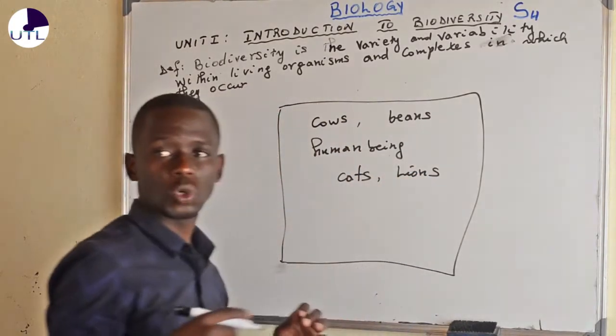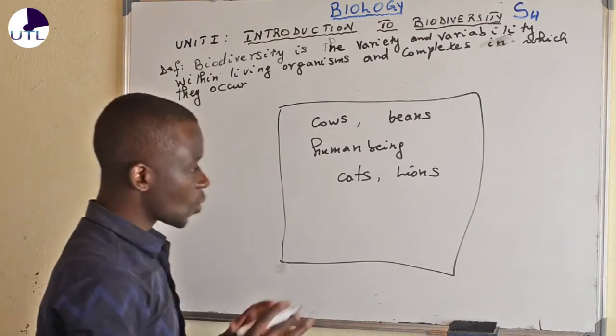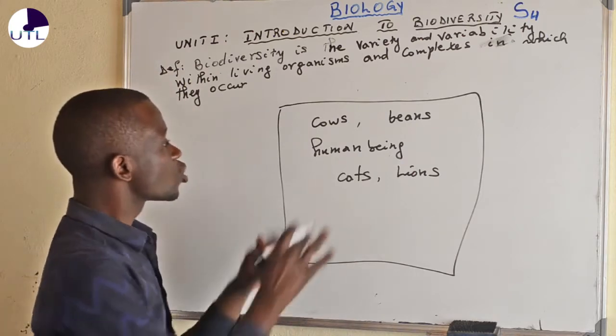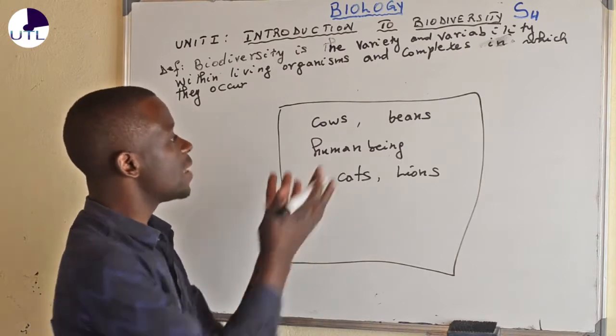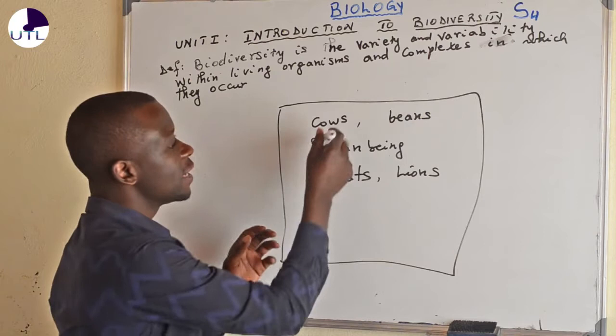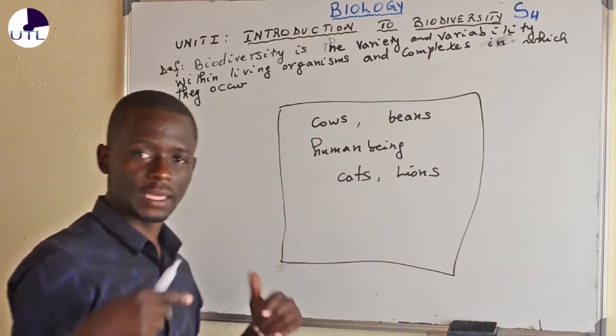We have also different physical components which are not living. So all this makes this variety, okay? They are different. It's one ecosystem which consists of different organisms that help each other.